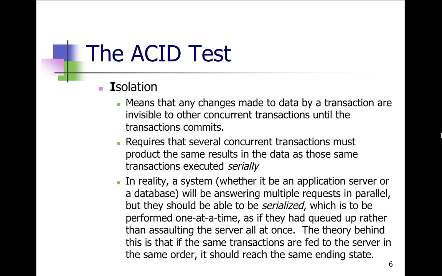Serialized means one is performed at a time, queued up rather than assaulting the server all at once. So things actually do happen in serialized format, although they seem like they're happening in parallel. So the theory behind it is that if the same transactions are fed to the server in the same order, it should reach the same ending state, hopefully, regardless of the order that those transactions occur. And that's the isolation part of the ACID test.